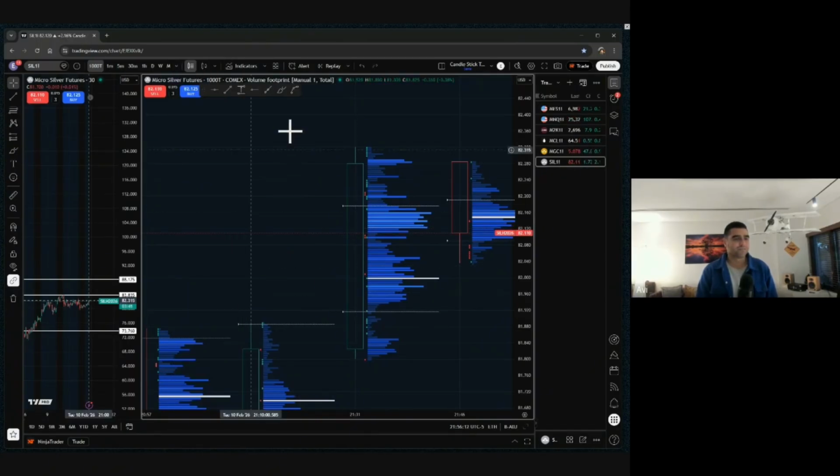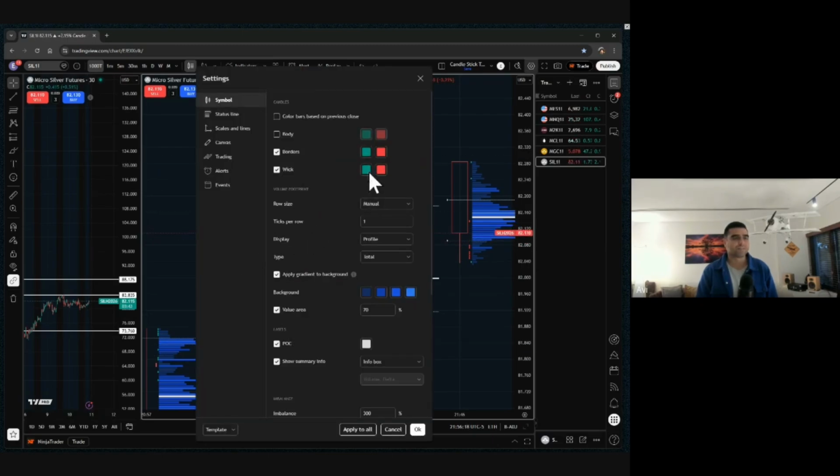And for now, if you guys want to see the settings I've put on, where did it go? There's settings. So nothing too unusual. I've changed a few little things. And this one is key. The row size manual and 1 tick per row. So that's when it prints these little bars on the right side of the candles. It's manual, and every row is basically just one tick. Profile display.